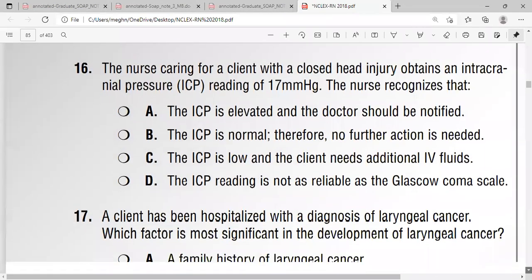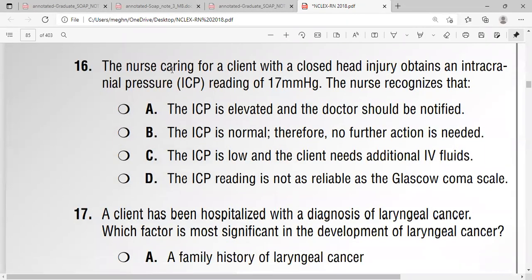And next question here. The nurse caring for a client with a closed head injury obtains an intracranial pressure, shortly called ICP, reading of 17 millimeters of mercury. The nurse recognizes that, the keyword here being head injury, right? Number A, intracranial pressure is elevated and the doctor should be notified.